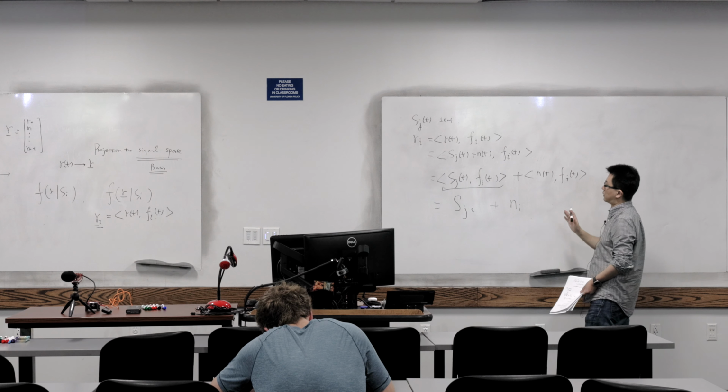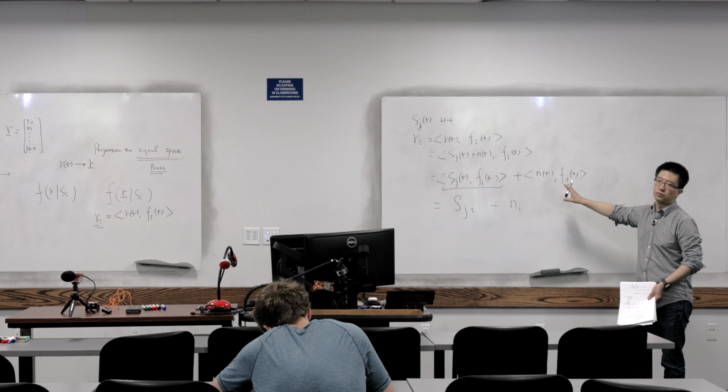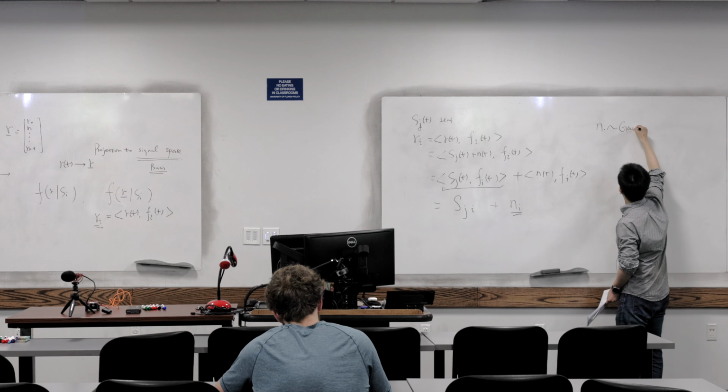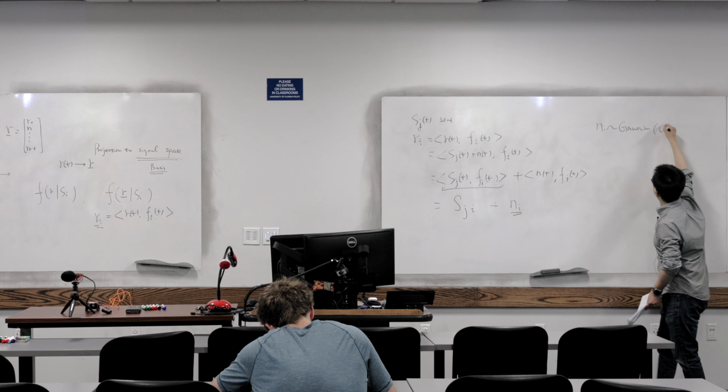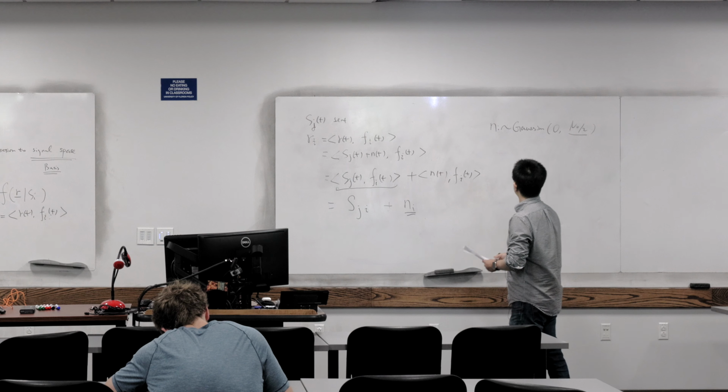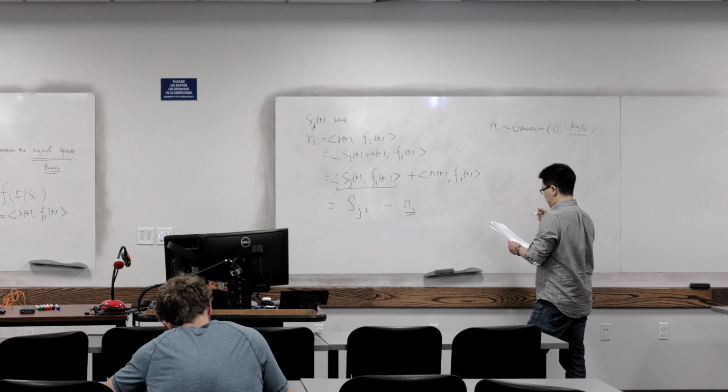We could not compute it before with only one basis function. We know the distribution of Ni: it is a Gaussian distribution with zero mean and N0 over 2 for the variance. Remember, N0 over 2 is nothing but the power spectral density of n of t, so hopefully you can connect this to what we have learned before.